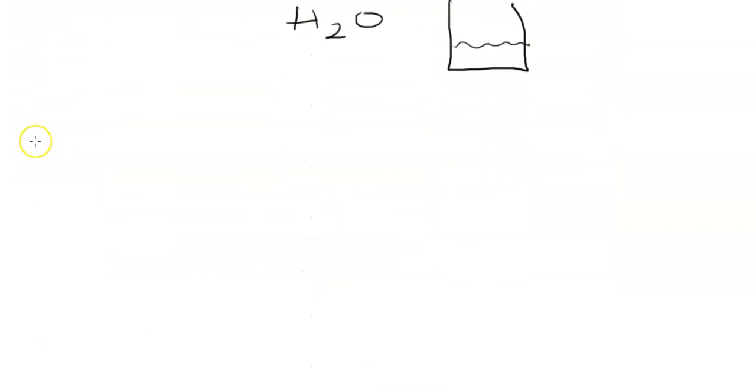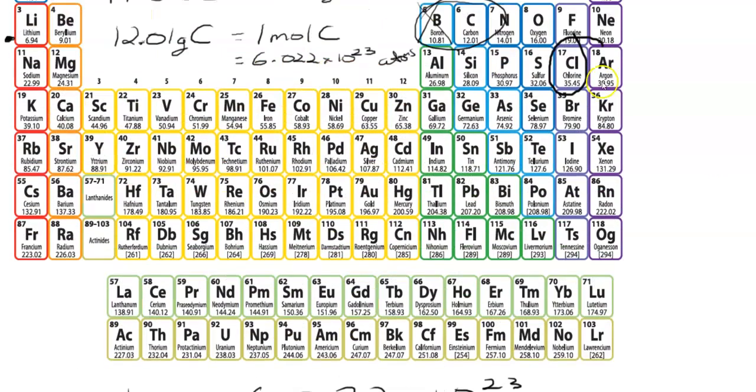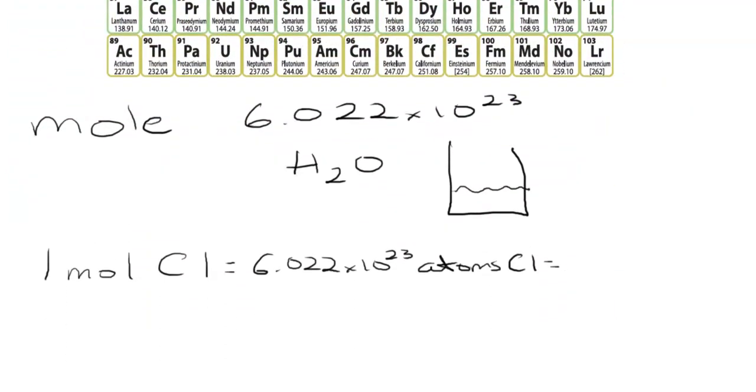So if I have 1 mole of chlorine, that means I have 6.022 times 10 to the 23rd atoms of chlorine, and I know from the periodic table right here that many chlorine atoms is going to weigh 35.45 grams.